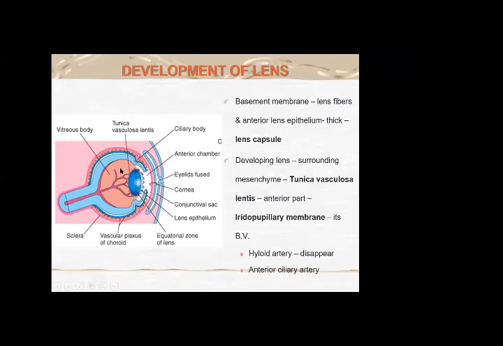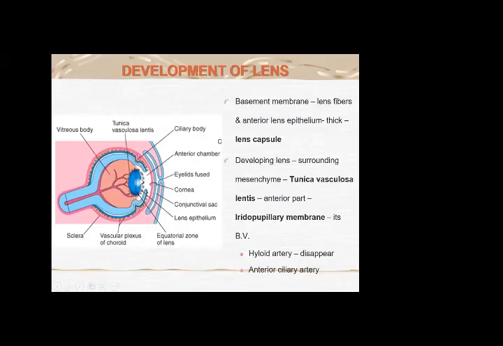So this mesenchyme all around the lens, on the posterior aspect, develops into the tunica vasculosa lentis, this one, and on the anterior aspect, this same mesenchyme develops into the iridopupillary membrane, and the blood vessels associated with the iridopupillary membrane.